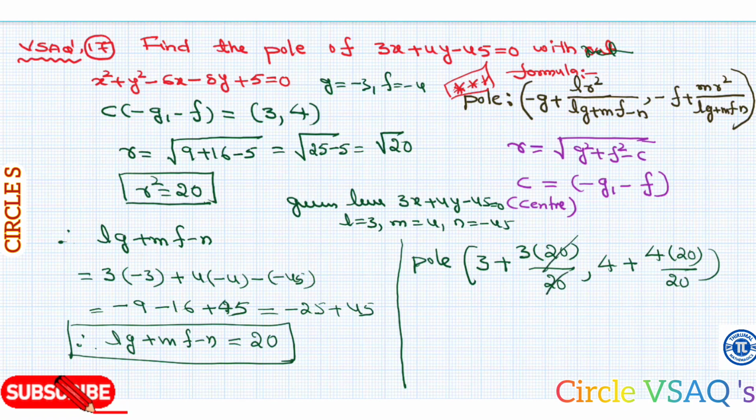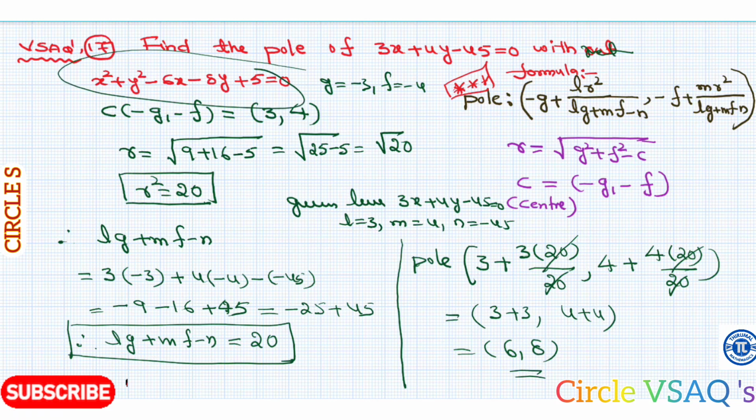Here 20 20 cancel, here also 20 20 cancel, so it is equal to 3 plus 3 comma 4 plus 4, then we get 6 comma 8 is the pole of the given line with respect to the given circle.